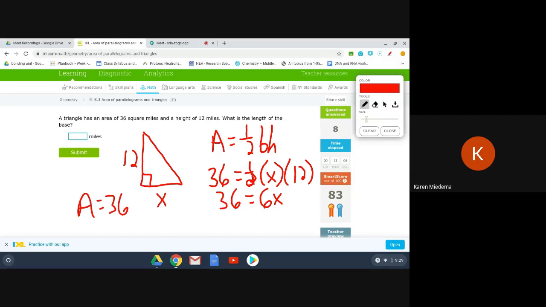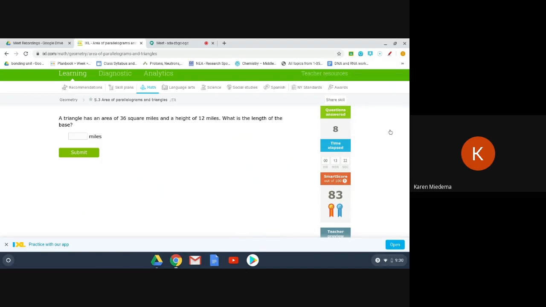So 1/2 times 12 times x is 6x. This is a one-step equation. If we want to get x by itself, we divide both sides by 6. 36 divided by 6 is 6. So we get that 6 equals x. 6.